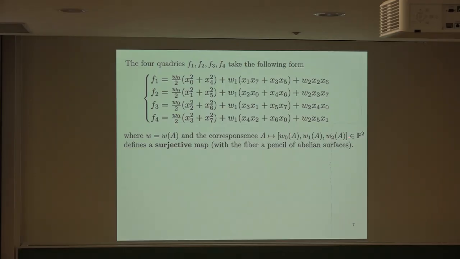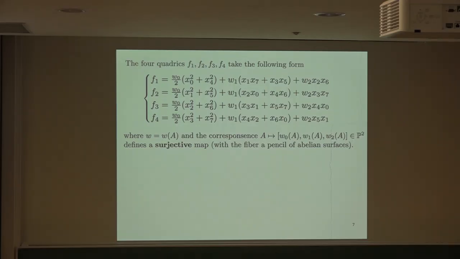It gives us a point in P2 if we arrange it this way. The point is that Gross and Lopez, if you look at their paper, did not say it this way, but this map is surjective. This part is not so trivial, so you need to work hard to prove it is surjective.